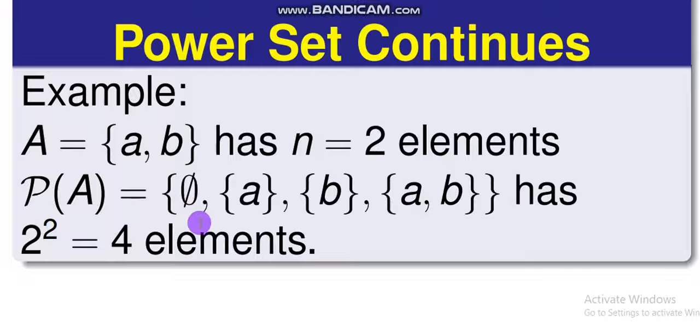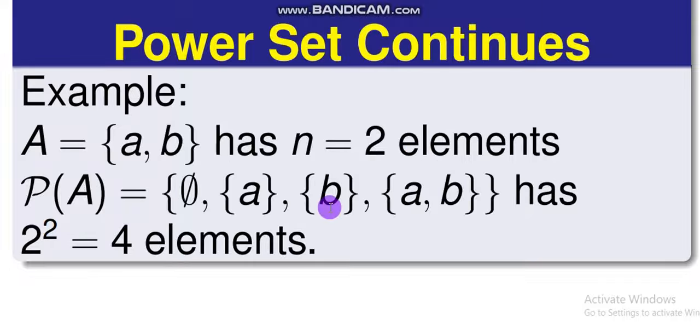An empty set is a subset of any given set, so we have to start with that. Then we can have a set that has only a in it. Secondly, we can have a set that has b only, and lastly we can have a set that has all the elements. So this set is called the power set, and you can see that it has 1, 2, 3, 4 sets.